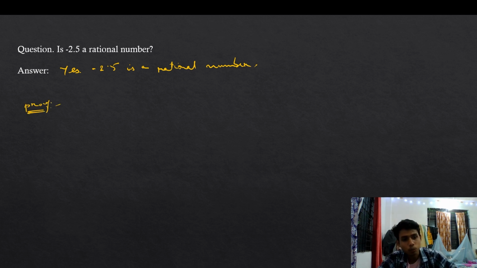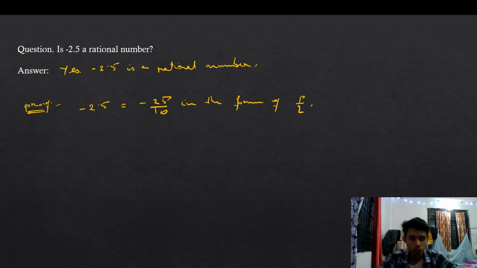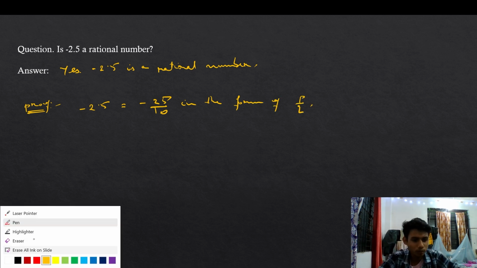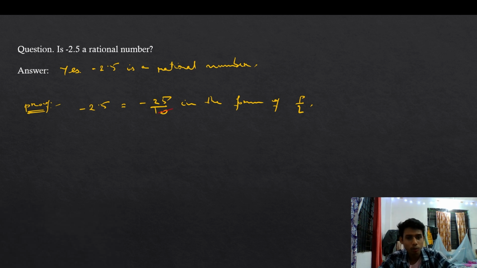If we see the proof, -2.5, we can write it as minus of 25/10, which is in the form of P/Q. Now, if we want to further simplify it, we can divide it by 5. 5 times 2 is 10. 5 times 5 is 25.